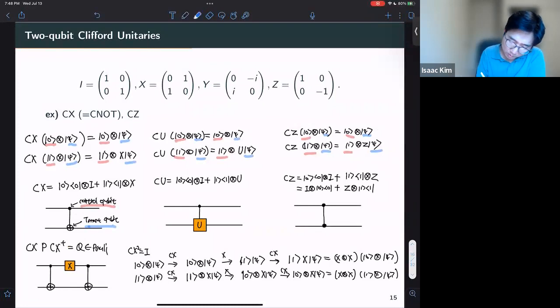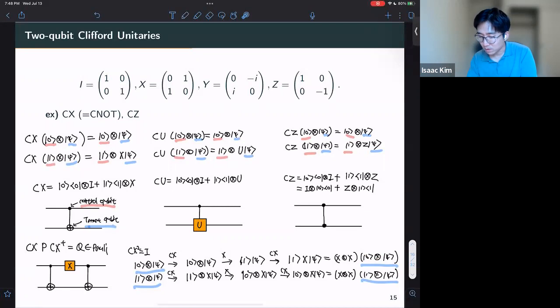Okay, so for this input state, I apply X tensor X. For that input state, I also apply X tensor X. The important thing is that states of this form and states of this form span the entire Hilbert space.